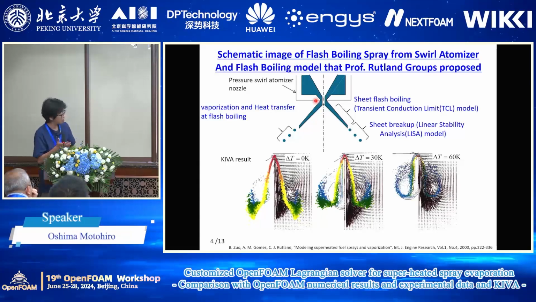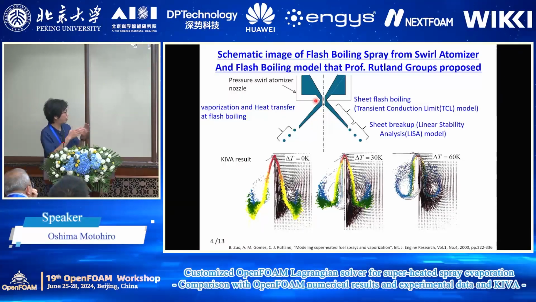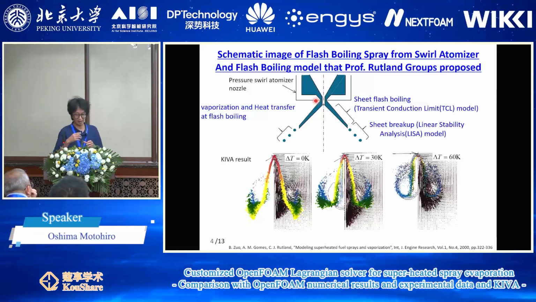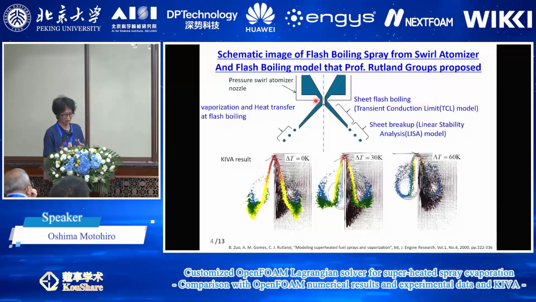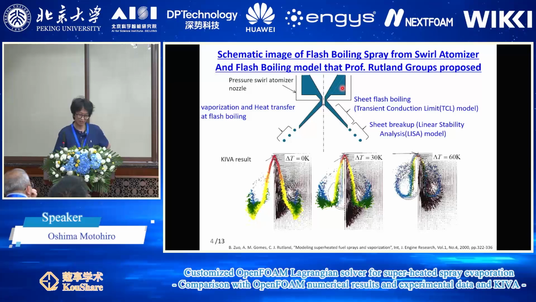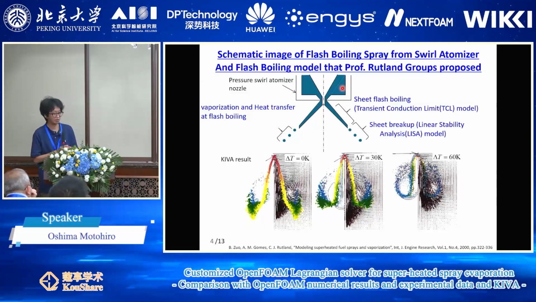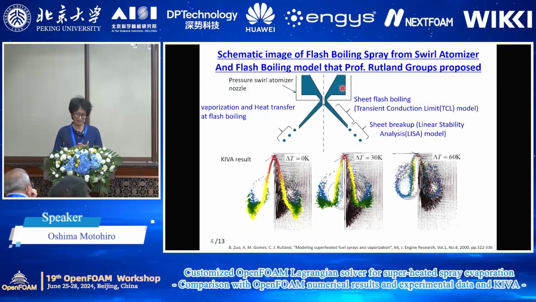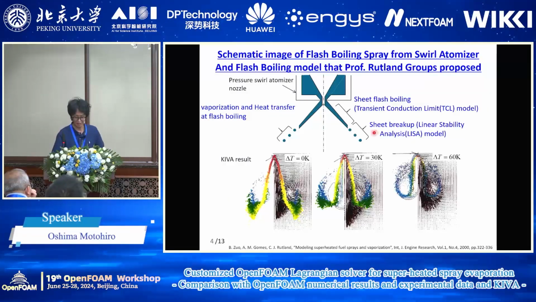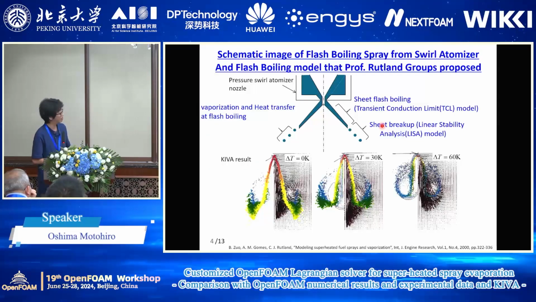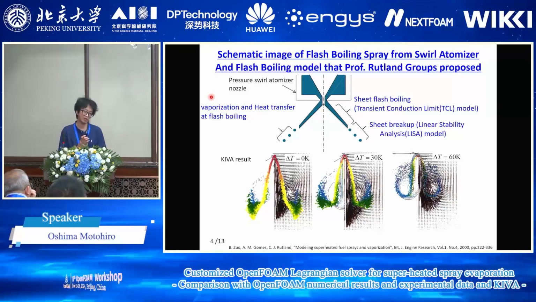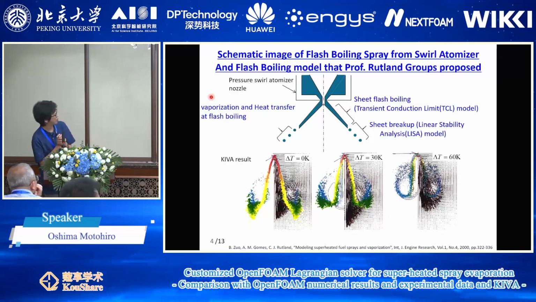The injected liquid forms a liquid sheet, which atomizes and forms droplets. The sheet flash boiling is calculated by the transient convection limit, TCL, model, and the sheet breakup is calculated by the linear stability analysis, LISA, model. The vaporization and the heat transfer at flash boiling are also calculated.